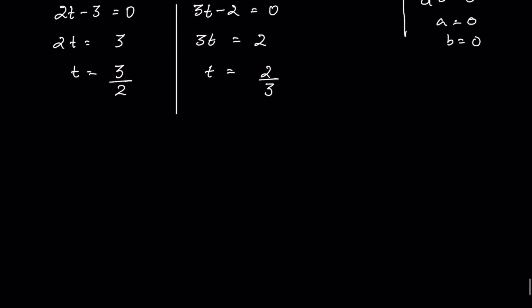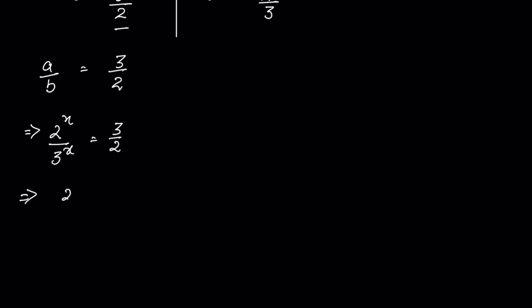Now when t equals 3 upon 2 and t is considered as a upon b, a upon b equals 3 upon 2, and a is considered as 2^x and b as 3^x. So this will be (2 upon 3)^x equals 3 upon 2.